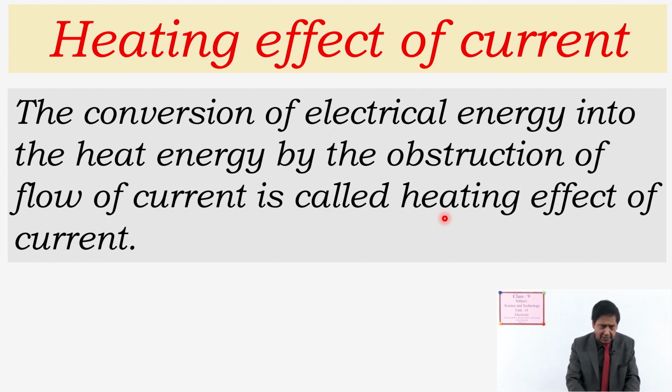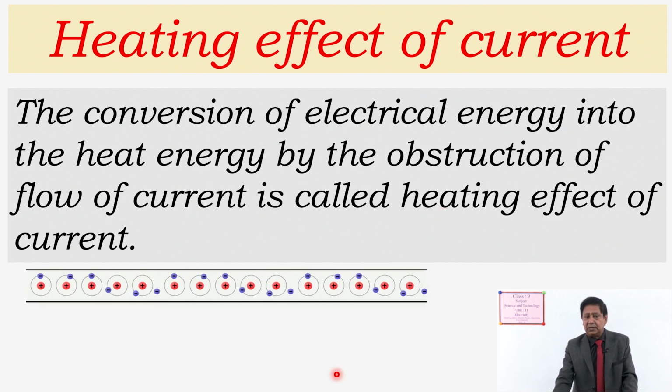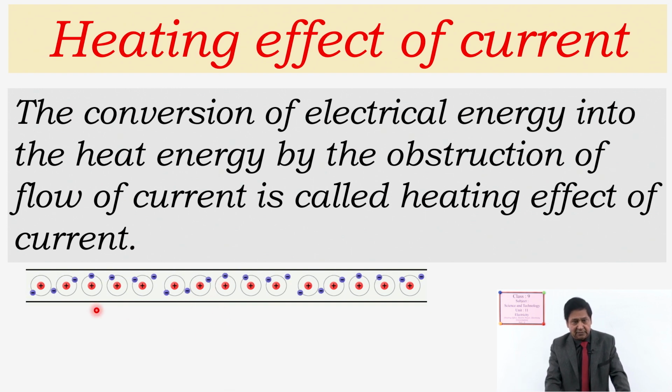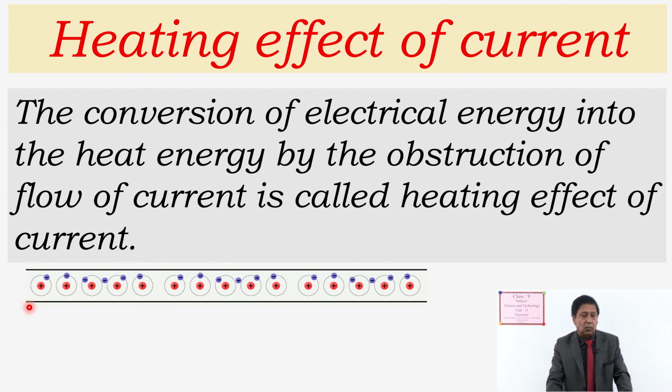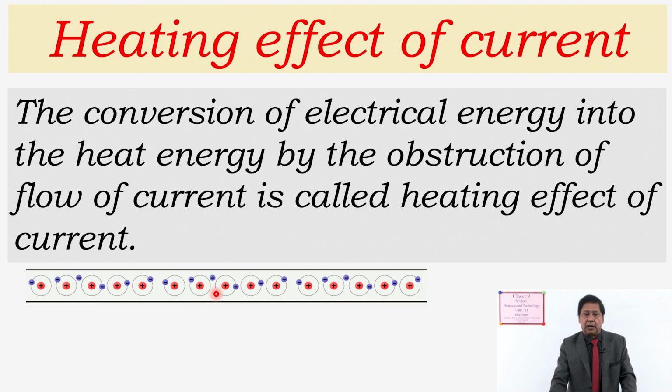I want to describe this in a little more detail with the help of this short animated file, I mean this video clip. In this clip, this is a long wire, and in this wire electrons are flowing. Flow of electrons is flow of current. Electrons flow from one end to the other, and during the flow they have kinetic energy because they are in motion.